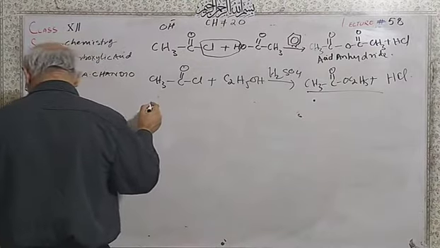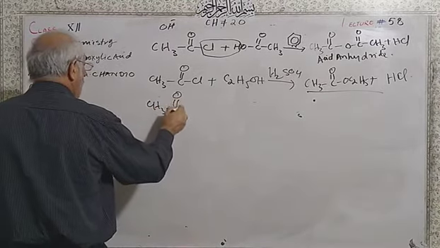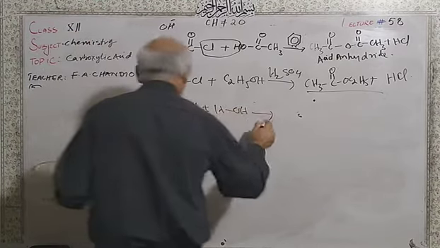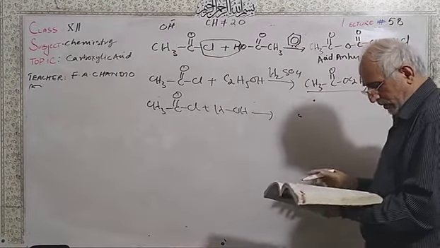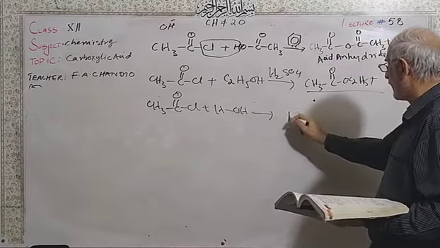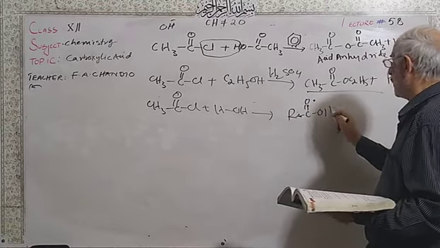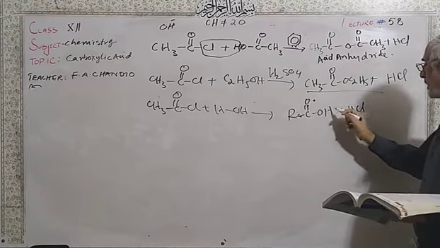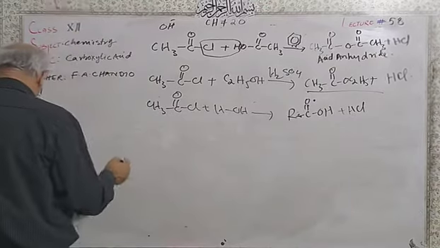And number 4, hydrolysis, followed by acid. So you will get a carboxylic acid plus HCl. So carboxylic acid is prepared from the acid chloride, the most reactive compound.